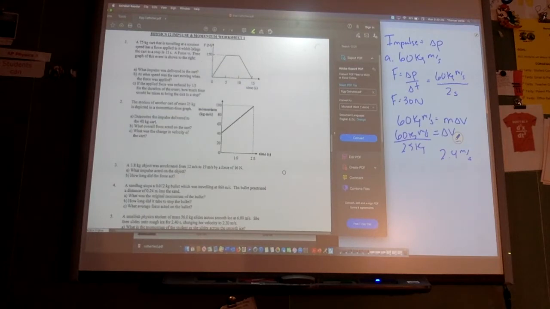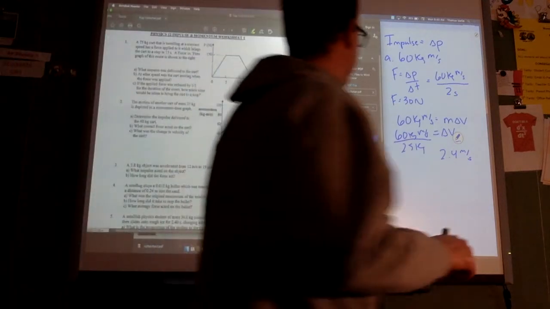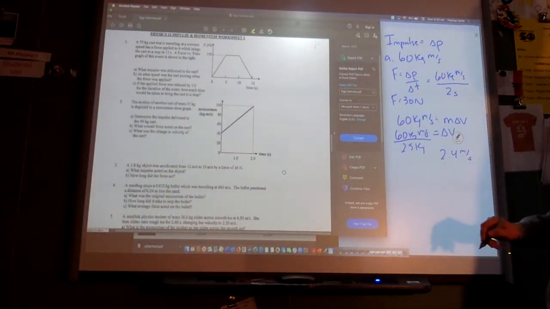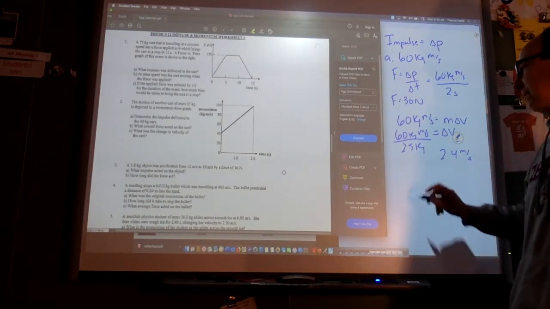Number three, a 3.8 kilogram object was accelerated from 12 meters per second to 19 meters per second by a force of 16 newtons. What impulse acted on the object? So again, impulse is our change in momentum. So I'd have to take the difference.